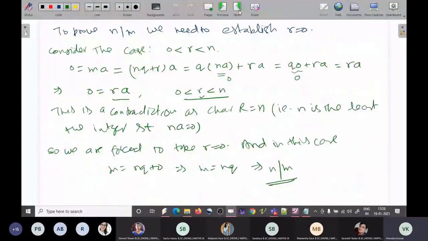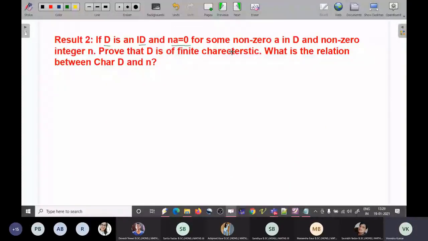So integral domain जो है उसका finite characteristic होगा. Okay. Of course, ये finite characteristic तो होगा ही होगा, साथ ही साथ इसके अलावा because we don't know that कि वो क्या होगा और जो n है उसका इससे क्या रिलेशन है.